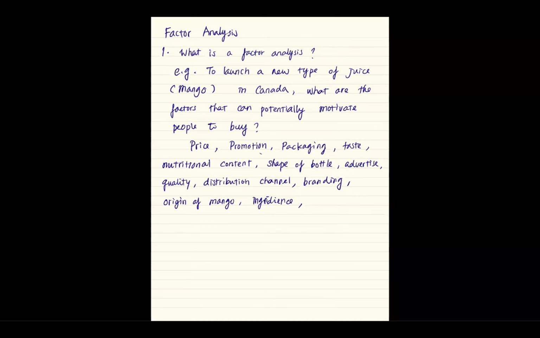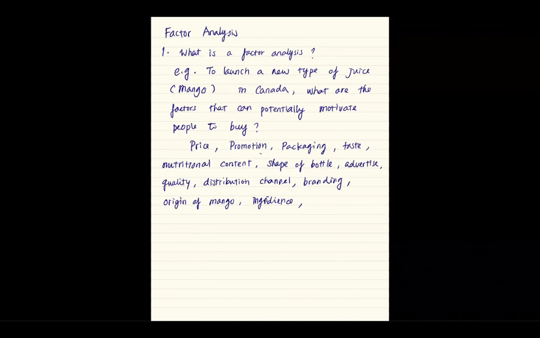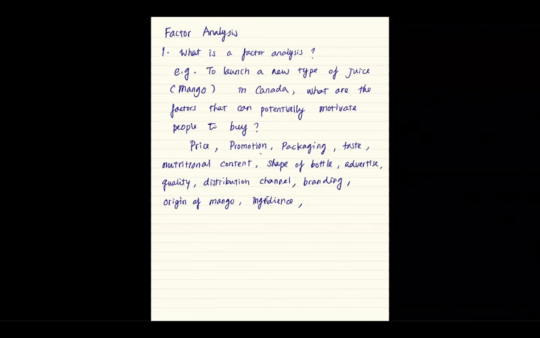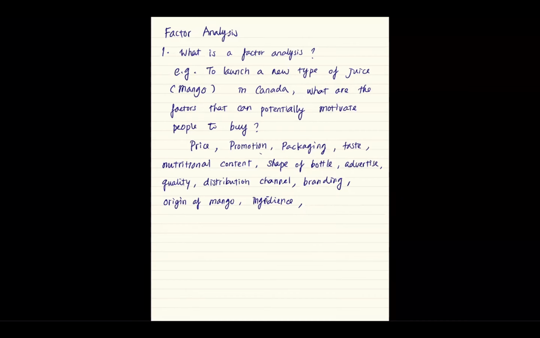If we put an effort in our production to pick a very good location or origin of the mango, will that actually help us sell more mango juice? For example, in Thailand, when you buy mango juice, do you really care where the mango comes from? No. However, how about people in Canada? Do you think they care?